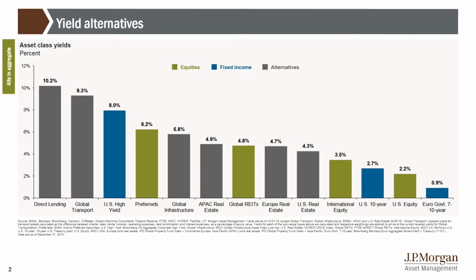Now, if you look at the lowest 5 yielding asset classes on this page, 4 of them are public markets, right? So not only do we see people reaching for that extra return, but reaching for that additional income is also a big theme across our client conversations as it pertains to alternatives more broadly.